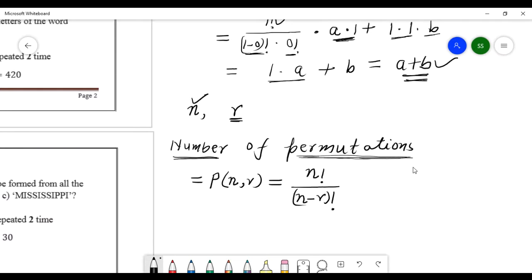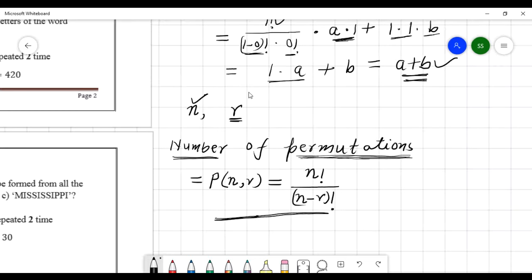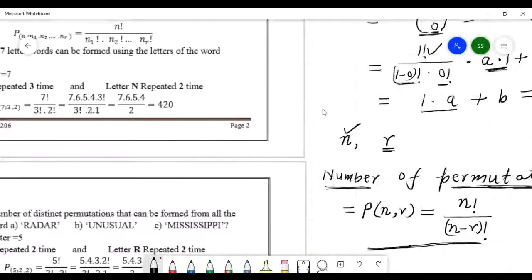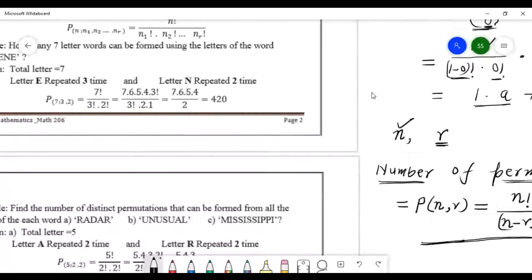How many ways you can arrange the n objects if you take r together, right? So this is the rule you have to remember. This is the rule. Okay. Now come to the next point, and then I will take more questions. Come to the next.